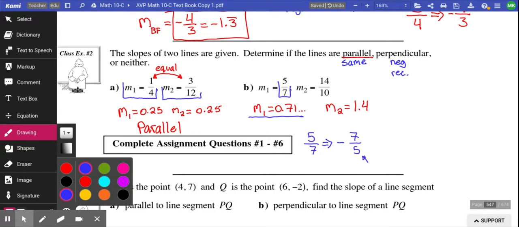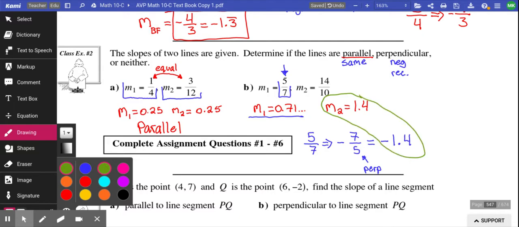This is perpendicular to this. If I put that in my calculator, negative 7 over 5 equals negative 1.4, which if we check is very close to our second slope.